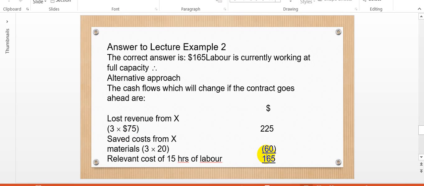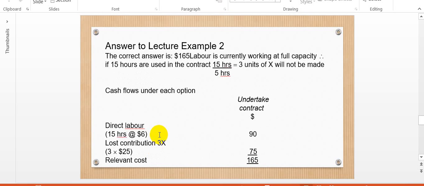Another way of looking at it is to compute the lost revenue. So the lost revenue will be 3 times 75.